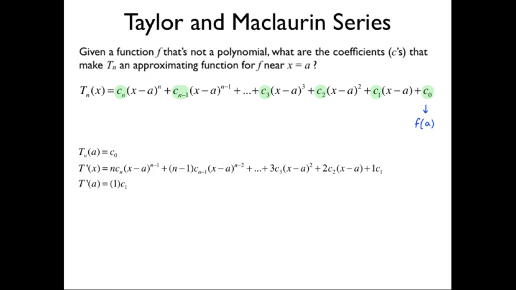If we want the first derivative of our approximating function at A to be what? F prime of A, right? So we want this thing to be f prime of A, or T prime of A. That would mean that c1 would also be f prime of A.